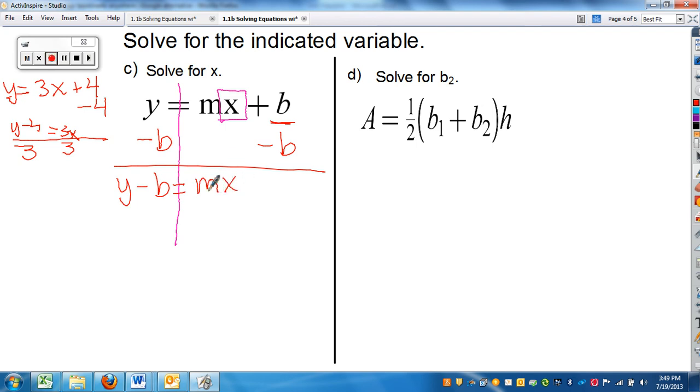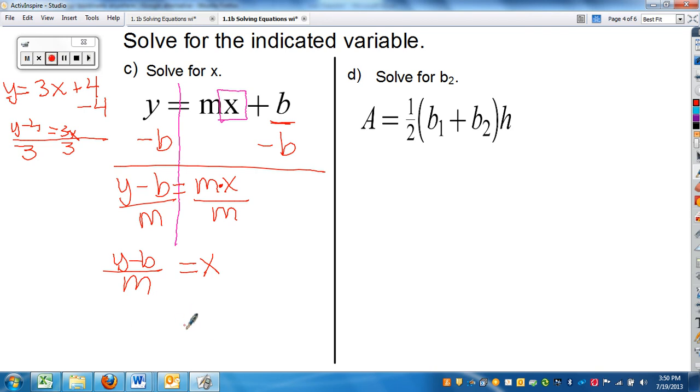So now I need to move m, operation between m and x. Again, you always need to think, what operation is in between? I'm going to do the opposite. The operation is multiplication. So I'm going to divide by m to both sides. So I have x equals y minus b over m.